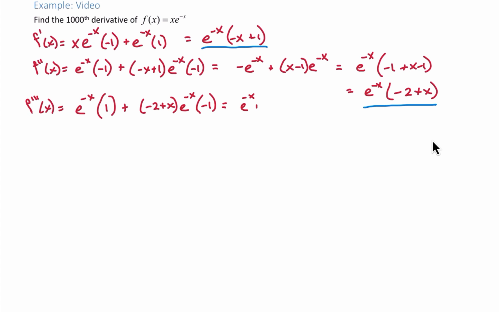Distributing the negative 1 will give us 2 minus x times e to the negative x. Factor out that e to the negative x. That will leave us with 1 plus 2 minus x, which is then e to the negative x times 3 minus x.